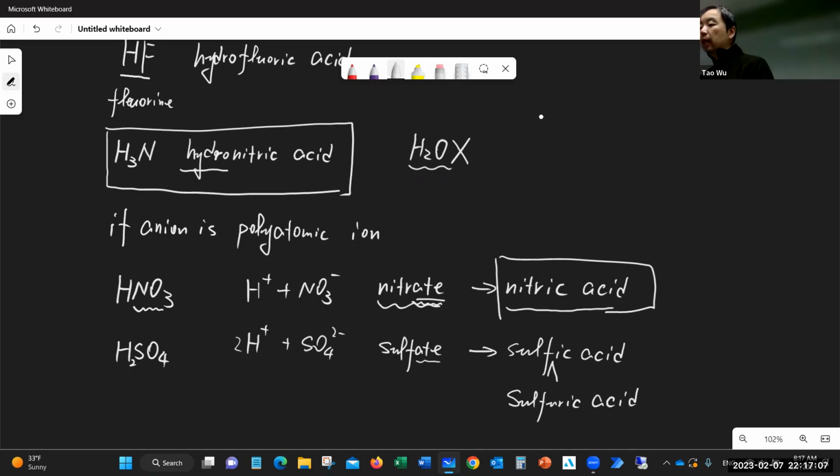To be honest, I don't know why they have the additional one. Sulfur, this is what we have, so this is called sulfuric acid. This is a special one for sulfur.